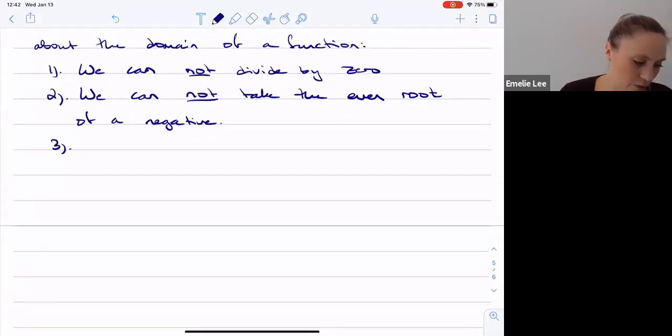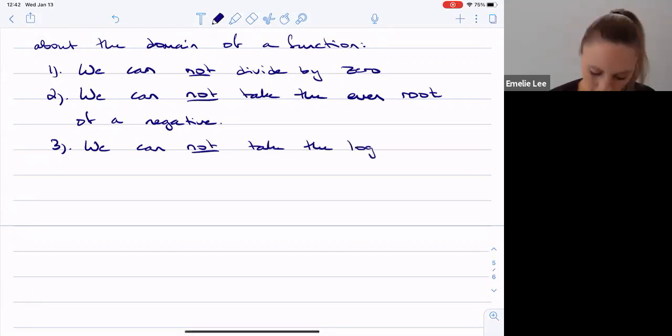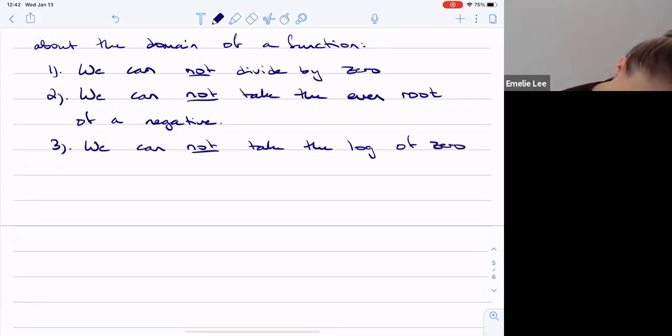In the third one, we cannot take the log of 0 or a negative number. Of 0, I guess it should be nor a negative number.